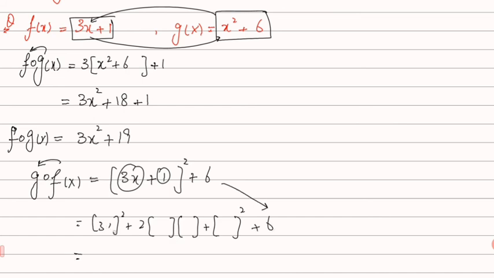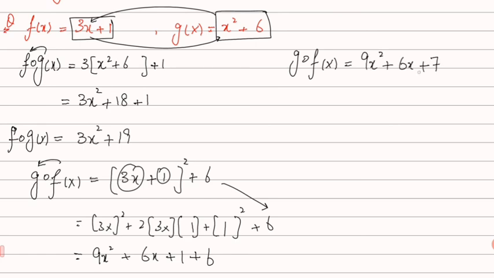That is 3x and 1. So it is 9x square plus 6x plus 1 plus 6. That is, g of f of x is equal to 9x square plus 6x plus 7.